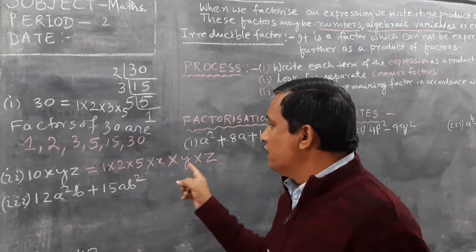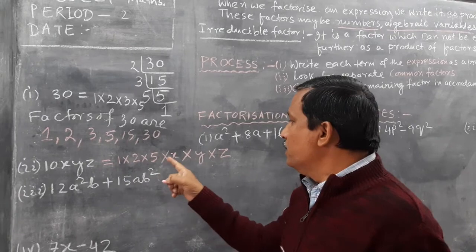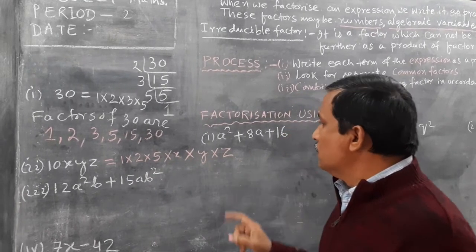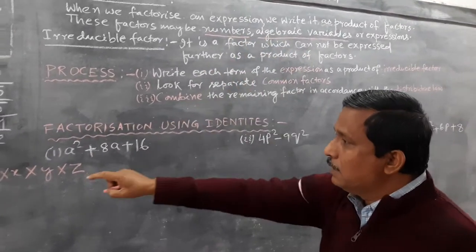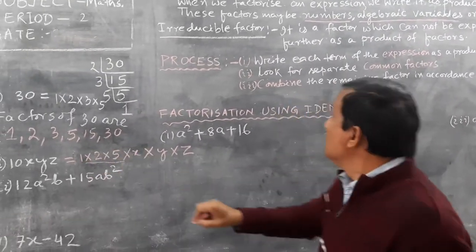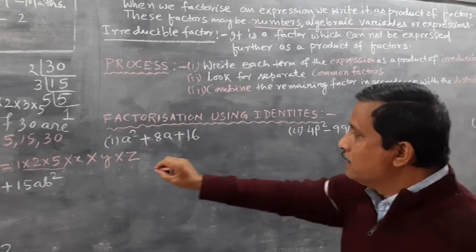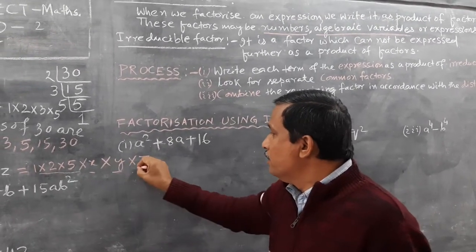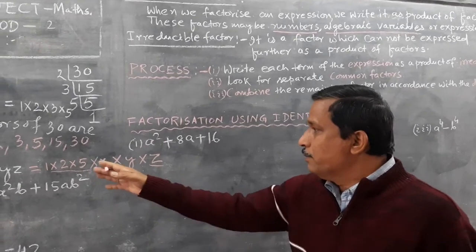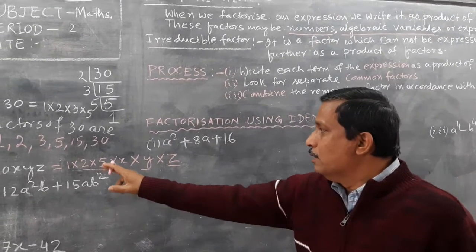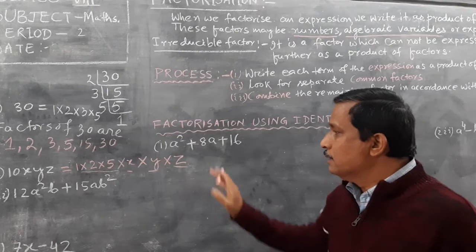So these are the factors: 1, 2, 5, x, y, z. I have told you that they may be numbers, these are the numbers; they may be variables, these are variables; or expressions. So the factors of 10xyz are 1, 2, 5, x, y and z.